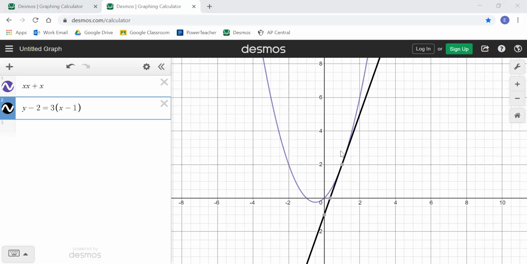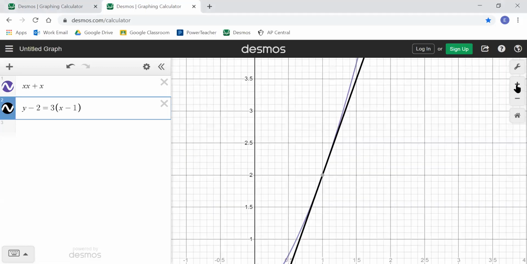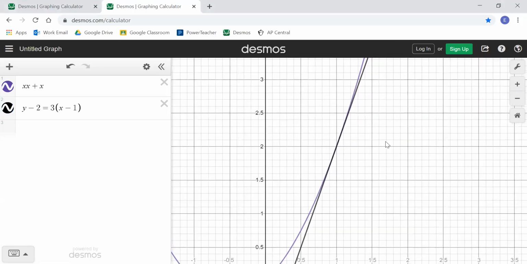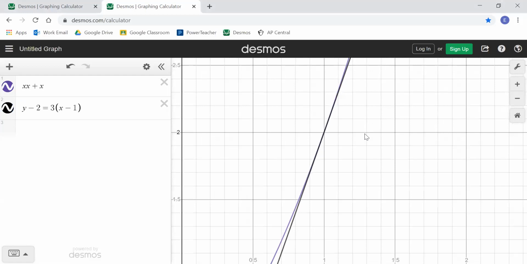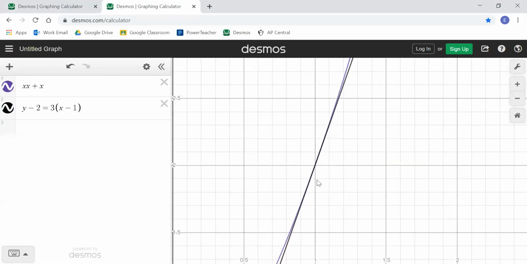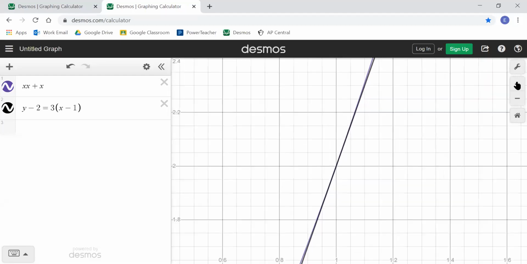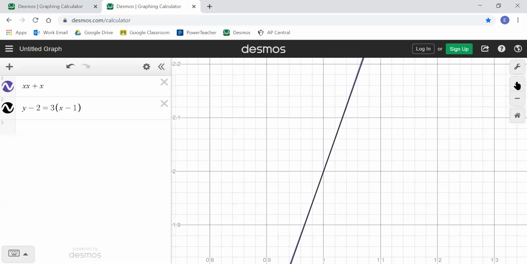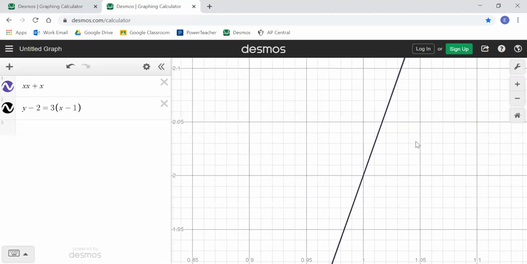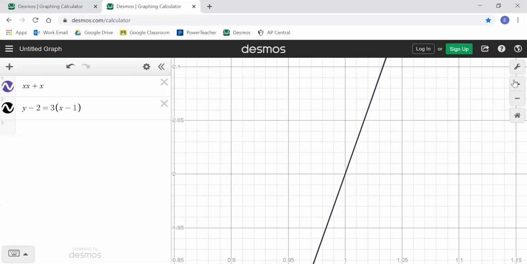Okay. Now let's zoom in on that point at x equals 1. We'll note that the closer in we get, the more that our tangent line begins to just resemble the function itself. You guys see that, zoomed in where this is half a unit from here to here, that tangent line is very, very similar to the function. And if I keep going, eventually they're just going to pretty much overlap each other.